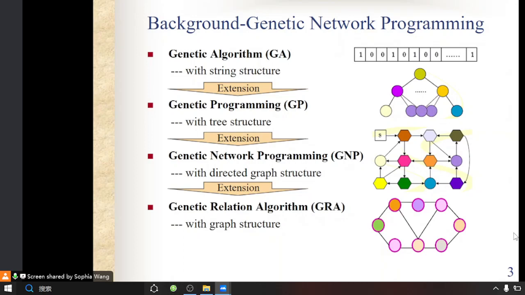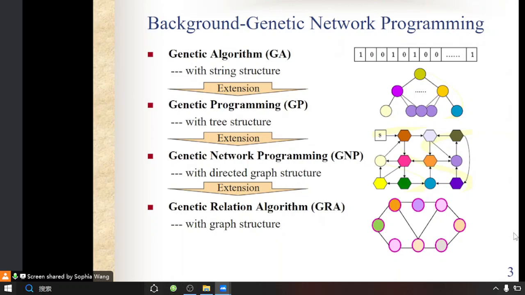And why did my supervisor, Professor Hirasawa, propose this kind of method? Because in the EC branch of the AI field, GA was proposed first. Based on GA, people proposed genetic programming, which is something like an extension of GA.